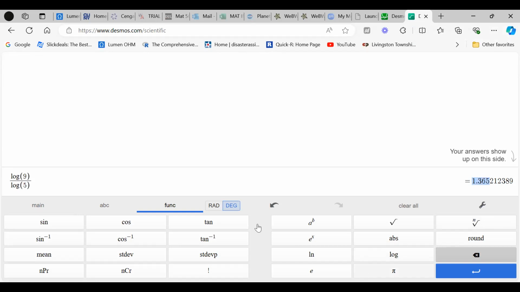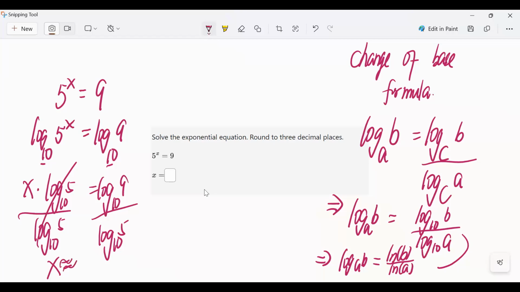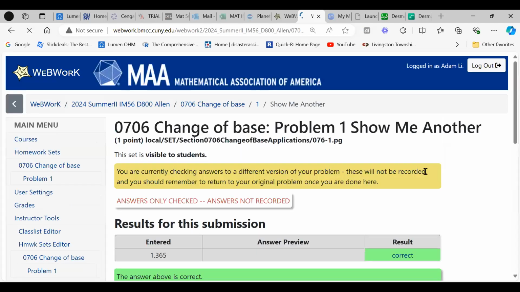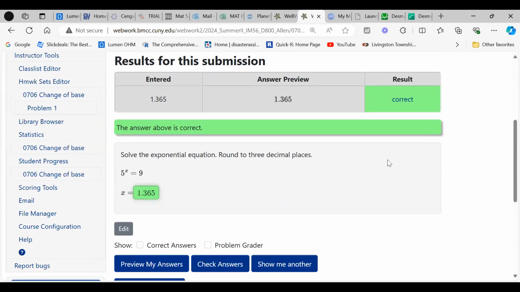So the answer is approximately equal to 1.365. We go back, the answer here is 1.365. So basically, that's how we utilize the change of base formula to tackle this.